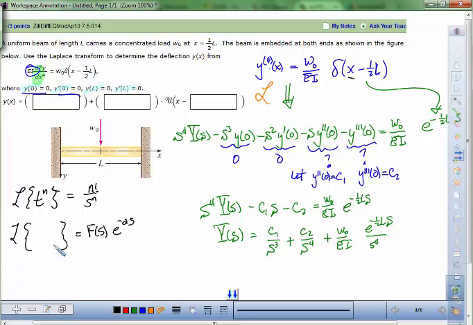What is that? One over, I need a t, what? F of t? I need more room.